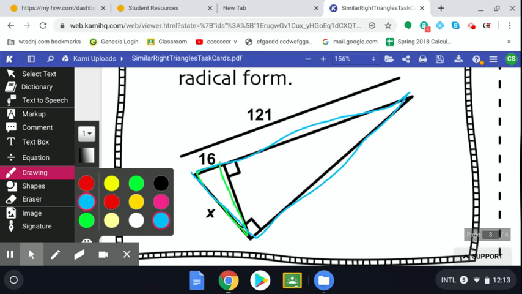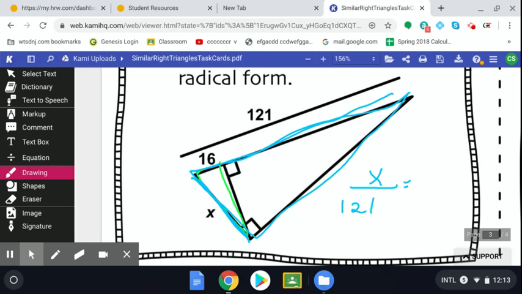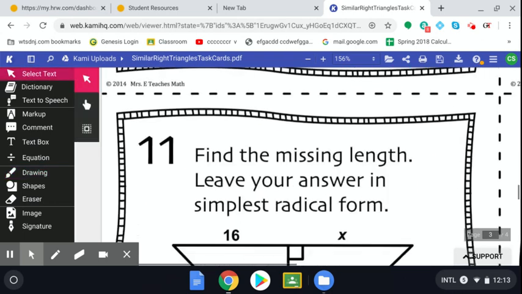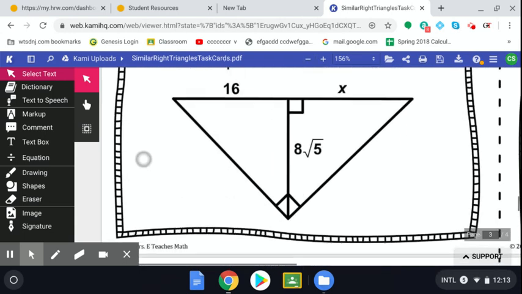So I am going to say that the shorter leg of the outside over the hypotenuse of the outside triangle has to be equal to the shorter leg of the little triangle. So shorter leg, which is 16, over the hypotenuse, which is x. Cross multiply and solve. Okay, number 11.